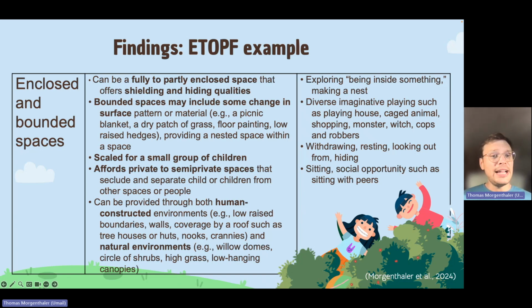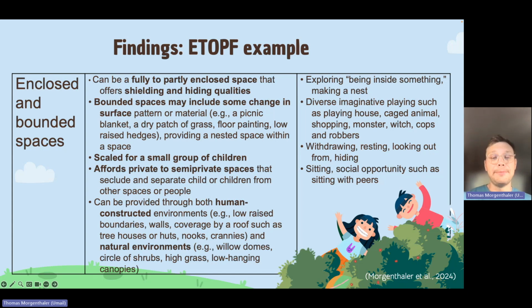It affords some kind of privacy or semi-privacy, which means the child has the opportunity for some seclusion to control this environment. I know what is going on in that environment. And it could be either human constructed or a natural environment, for instance, a nest formed with long grass or low-hanging canopies from a tree.